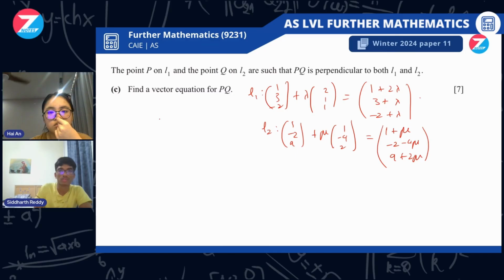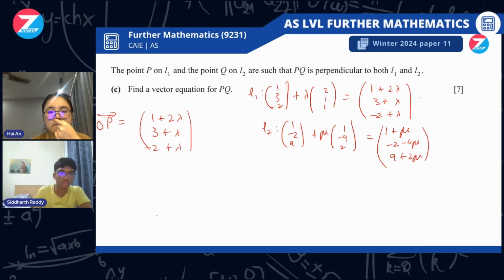So P is on L1. We can write OP, the position vector to the point P on line L1, as (1 plus 2 lambda, 3 plus lambda, -2 plus lambda).